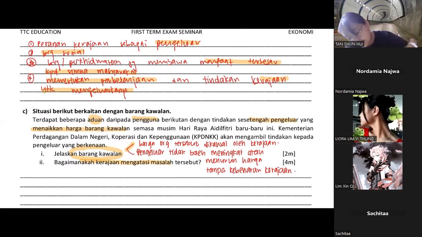So what can government do to control this? Mengawal. How to mengawal? Saman them. Remove license. Tarik balik lesen. Some more. You need 4 marks.